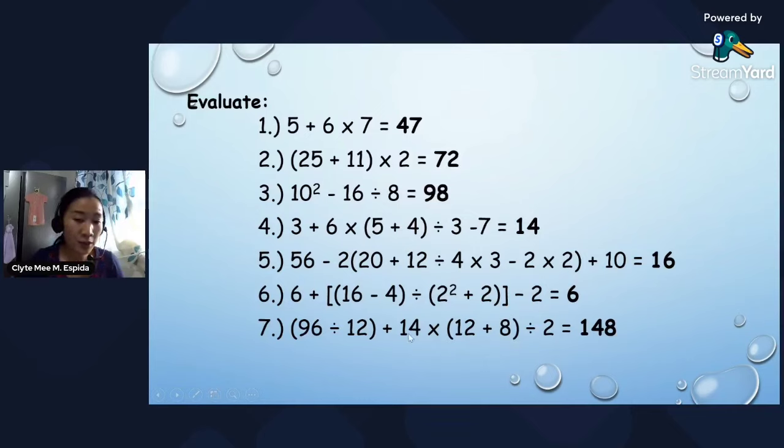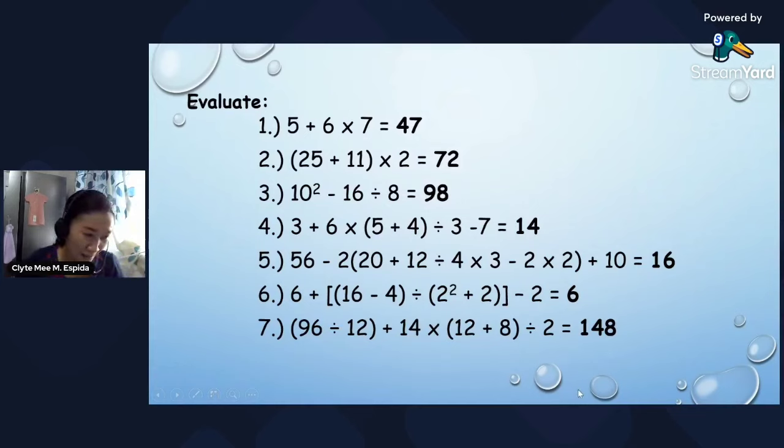So we will have first the multiplication. 14 times 20 is 280. 280 divided by 2 is 140. Now, we have 8 here at the beginning. 96 divided 12 is 8. So, we have 140 plus 8 is 148.